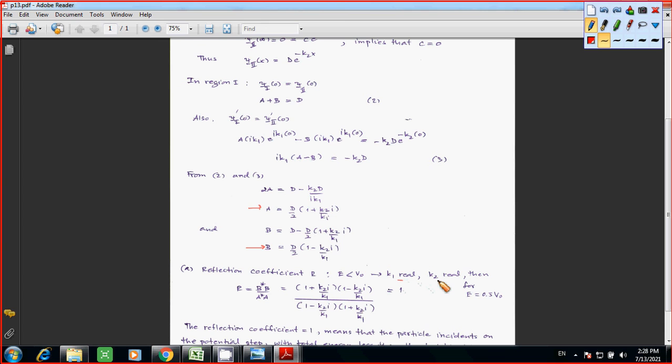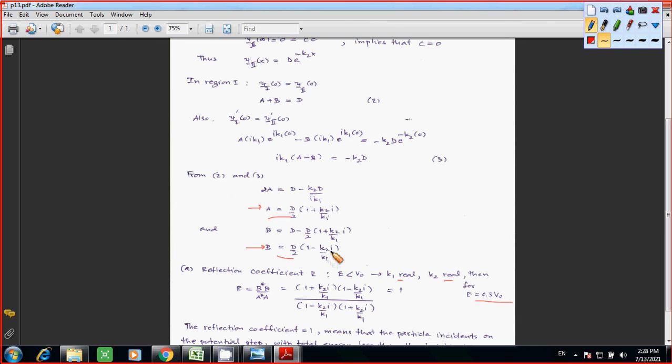What about K2? K2, you have square root of 2m multiplied by V0 minus E, right? So K2 still becomes real, because your E is equal to 0.5 V0.